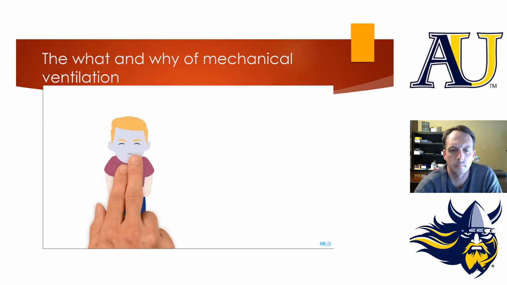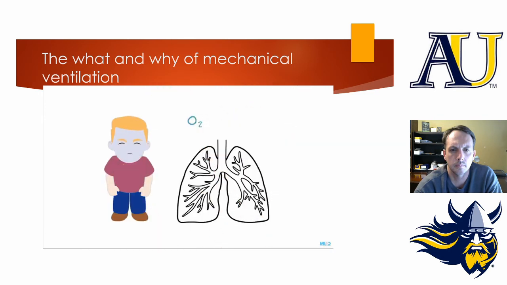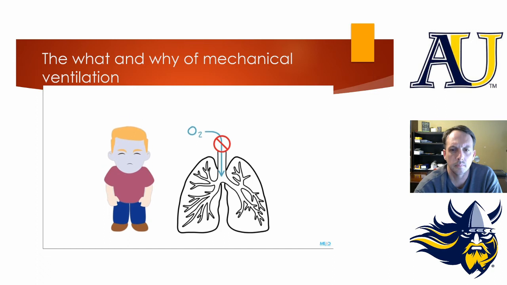Or perhaps the patient might be ventilating adequately, but the oxygen that's breathed into the lungs may not effectively distribute to the body. You see, the adding of oxygen into the blood is called oxygenation. A patient who is not oxygenating properly exhibits decreased levels of PaO2 on the ABG.